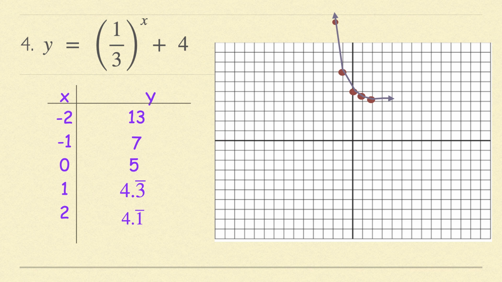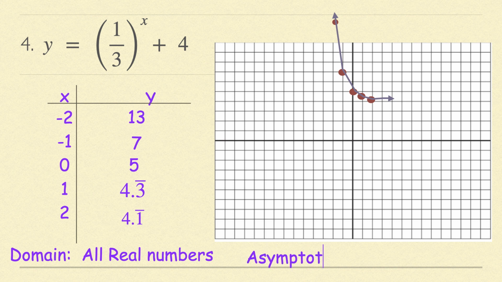Now, what do you notice? Notice that, again, the domain is all real numbers, but look at that line. The curve is going toward what number? It's going toward 4, where y is equal to 4. So my domain was all real numbers, and my asymptote is y equals 4.